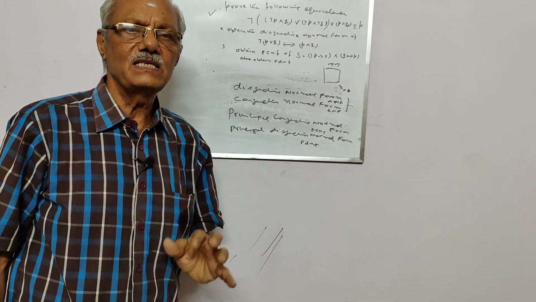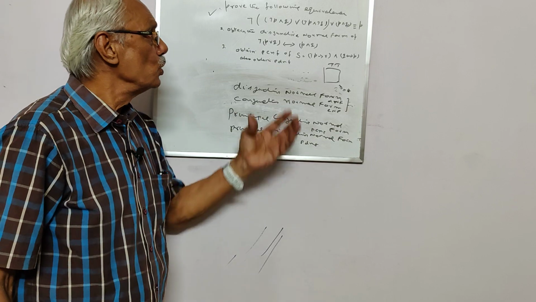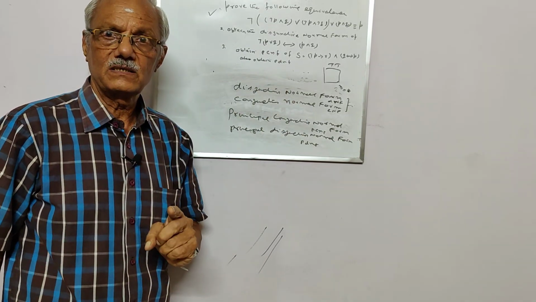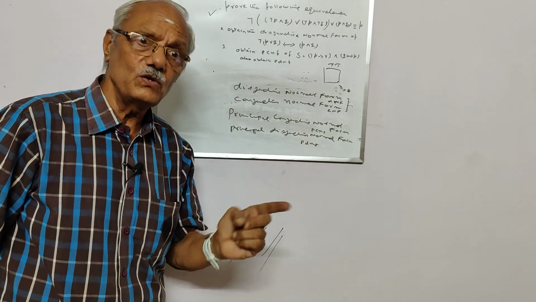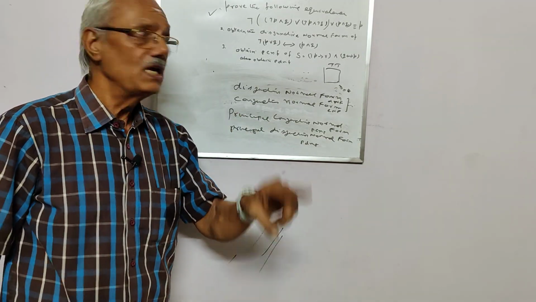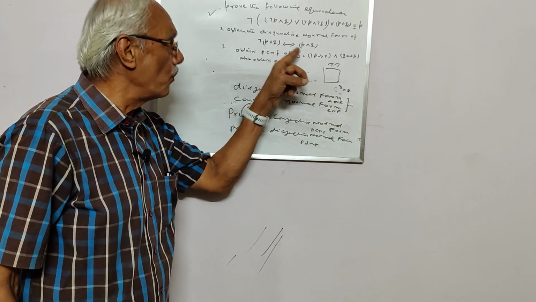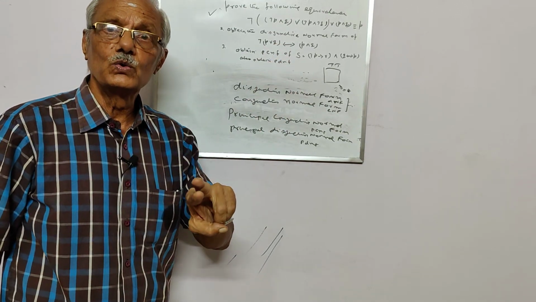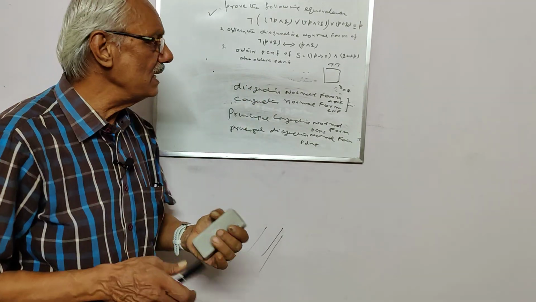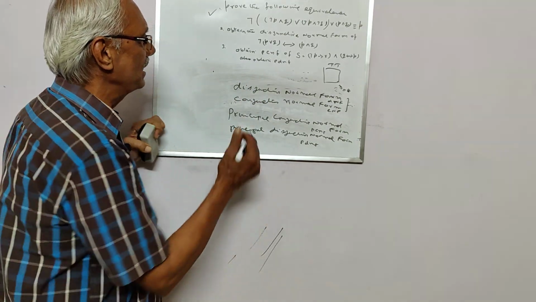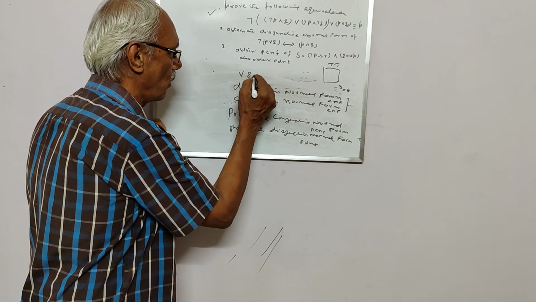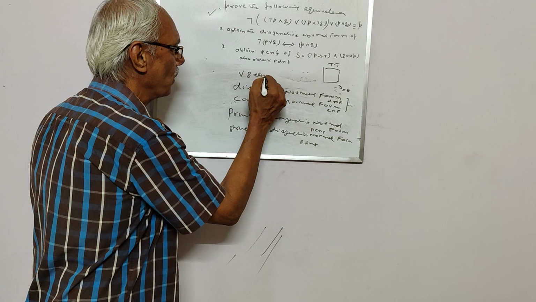Now what does disjunctive normal form mean? You are given a compound proposition, and you try to express it in another form which is a disjunction, that is a union, of elementary products.